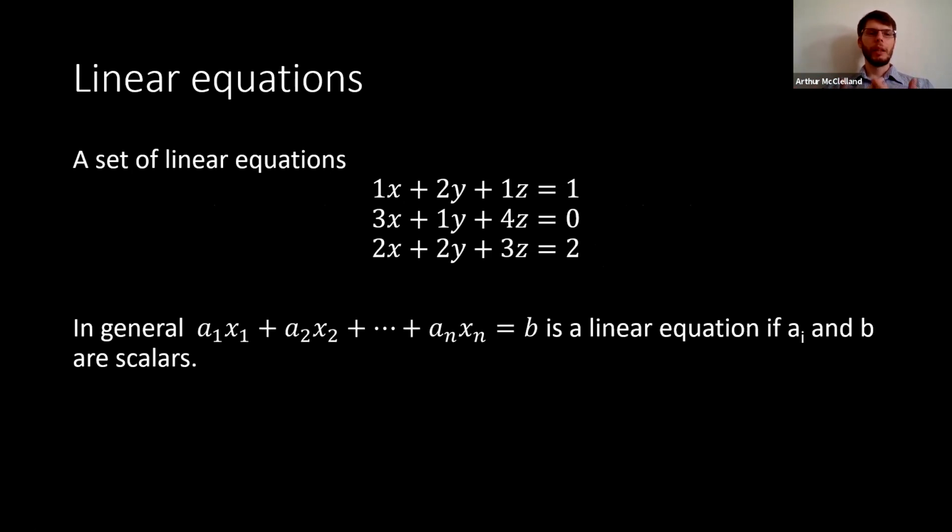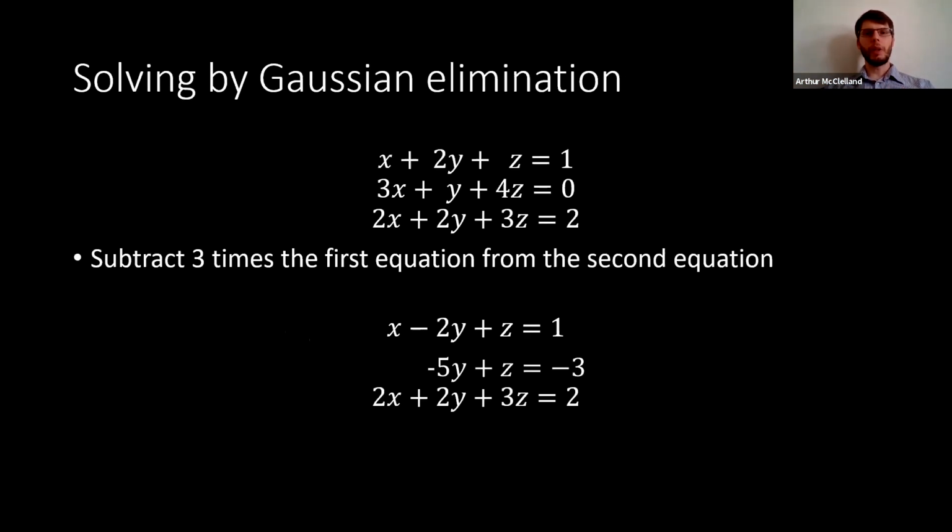But in general, linear equations are a1 x1 plus a2 x2 plus dot dot dot an xn equals b, as long as ai and b are scalars. As long as they're just numbers, then we have a linear equation. So we have three unknowns, three equations, and we're going to start solving by Gaussian elimination.